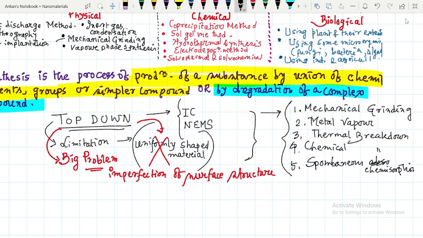Okay, now since some limitations are present, we have to find another approach, and the scientists were very eager to find it.